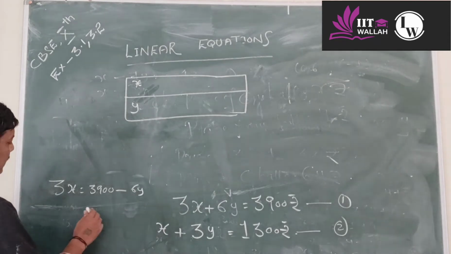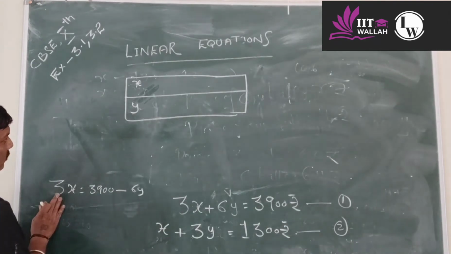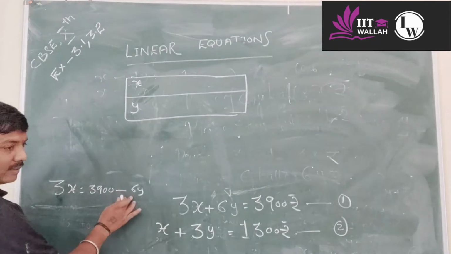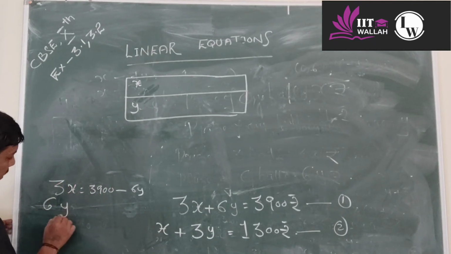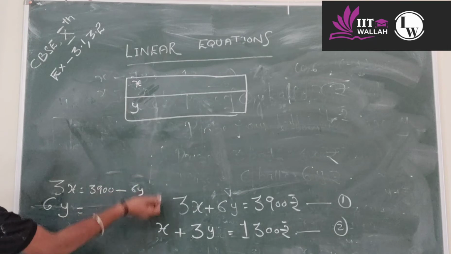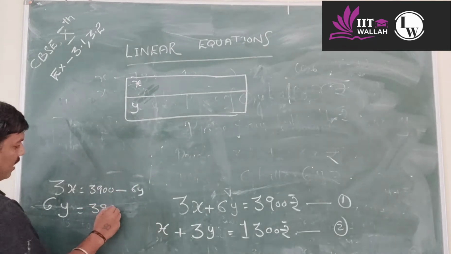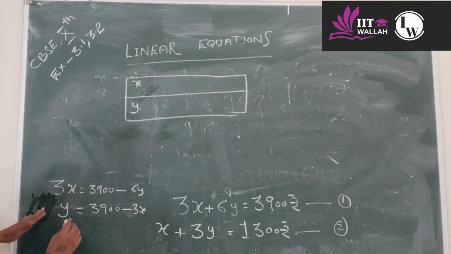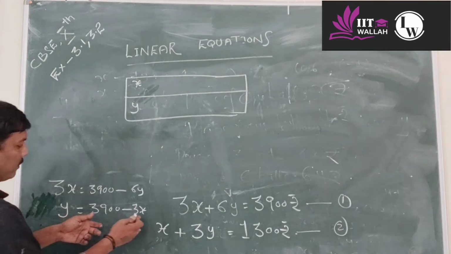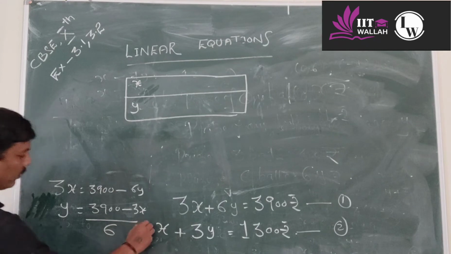So 6y is equal to, taking this here and this here, 3900 minus 3x. So y will be (3900 minus 3x) upon 6.